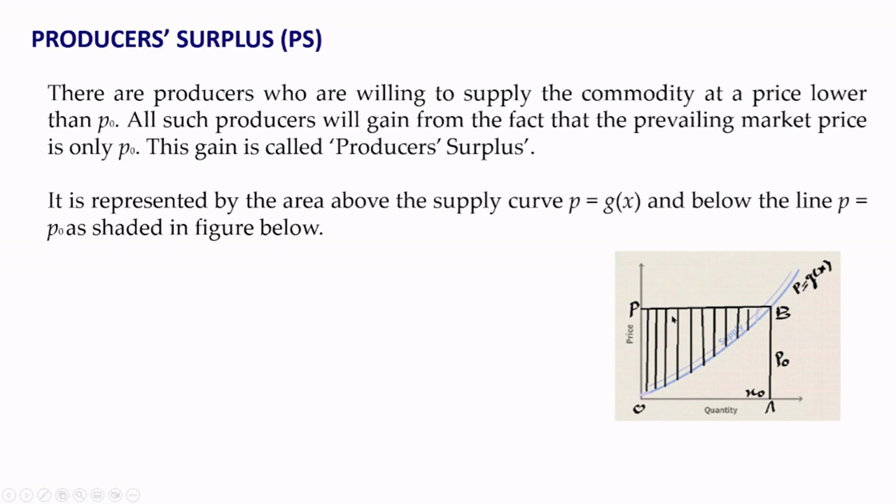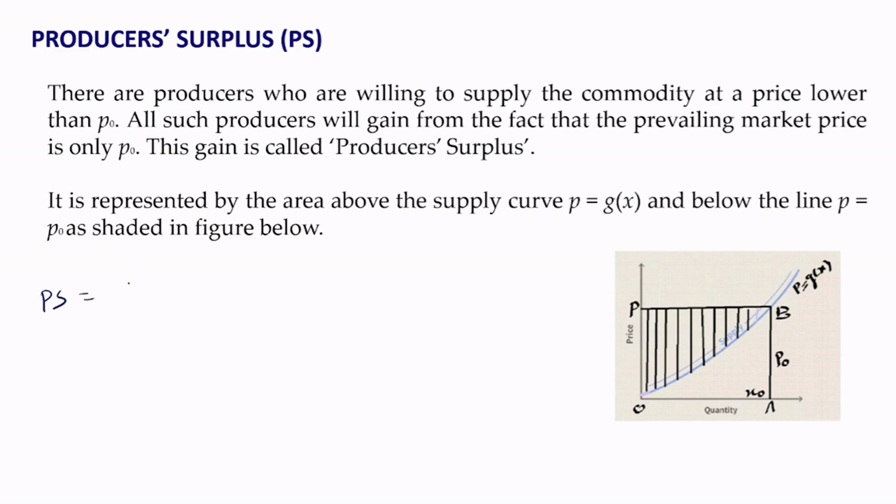So this part is nothing but the producer surplus. It is the area above the supply curve P equal to g of x and below the line P equal to P naught. So it is the area bounded by this rectangle OPBA minus this area.